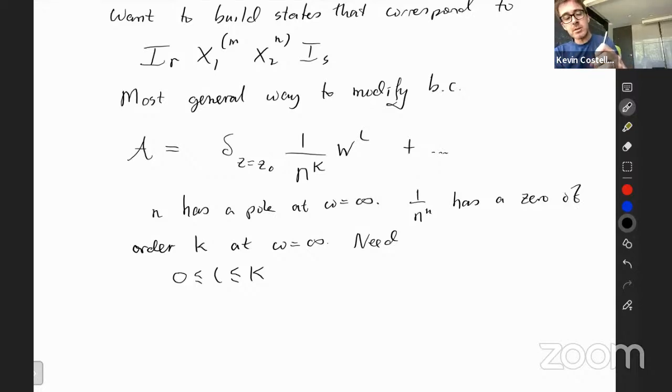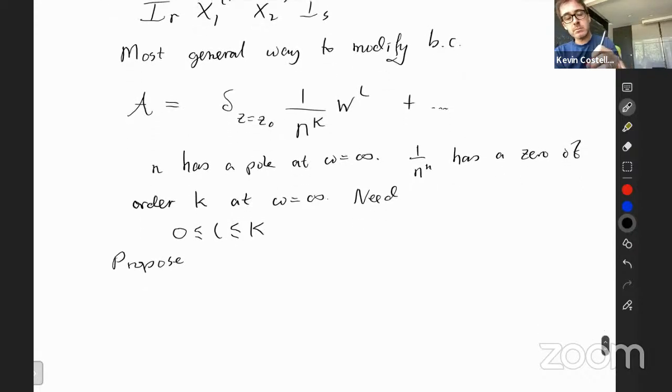So we propose that this corresponds to the color factor.